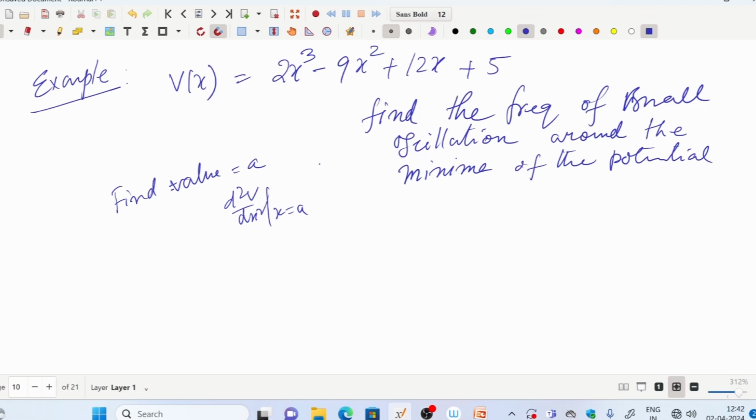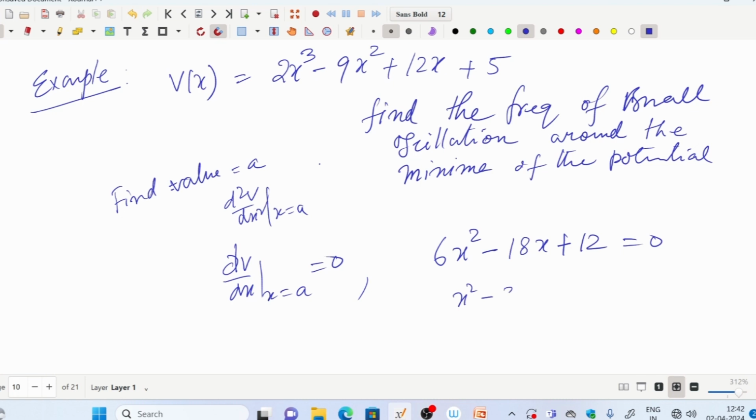To find A, you have to set dV/dx at x equal to A to 0. This is the condition for extrema, or to find the minimum. If you differentiate this potential, it will be 6x square minus 18x plus 12 equal to 0, or x square minus 3x plus 2 equal to 0.